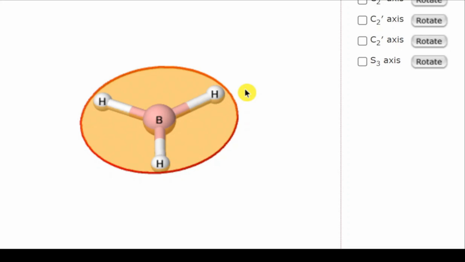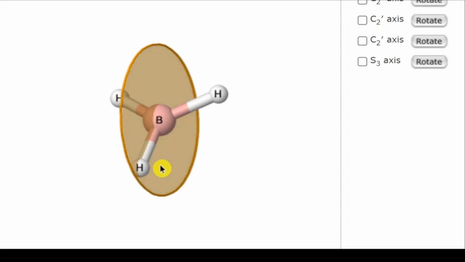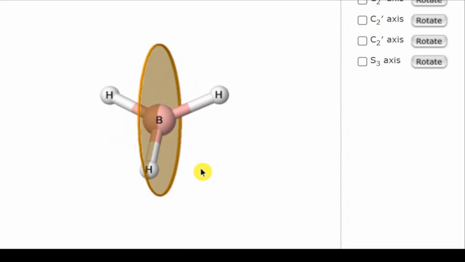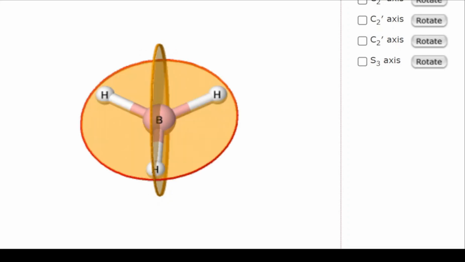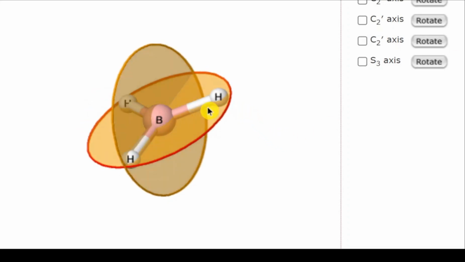So we have 3 different planes. One is the horizontal plane, the other one is the vertical plane, and the third one is a dihedral plane. So this is the first plane. And what are the other planes? This is one plane, and that plane is perpendicular to the horizontal plane that I have just shown you. So it is perpendicular.